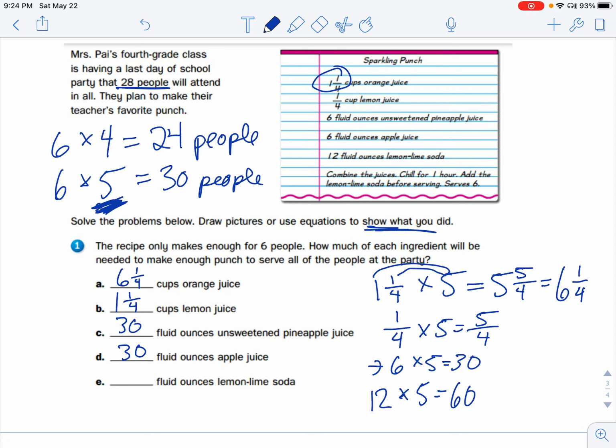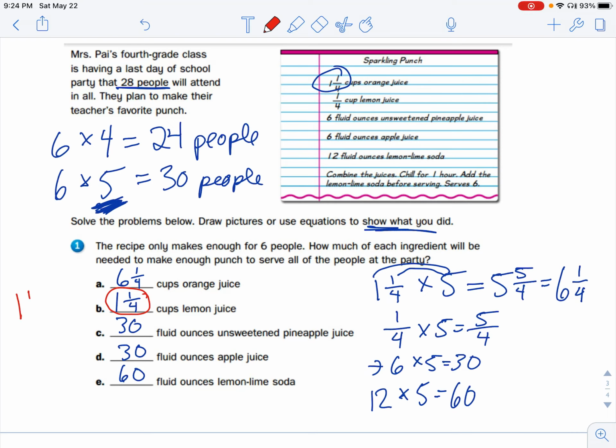60 fluid ounces. Just for fun, let's practice those conversions we were doing before. What if it wanted to know how many fluid ounces of lemon juice? Remember what you need to do to go from cups to fluid ounces? I would take my cups and multiply by 8 fluid ounces because there are 8 fluid ounces in each cup.